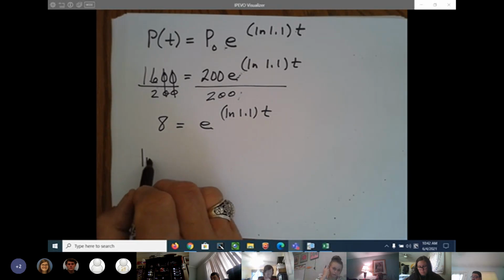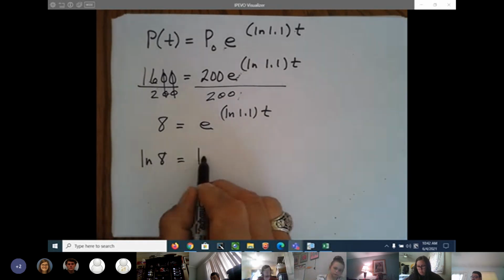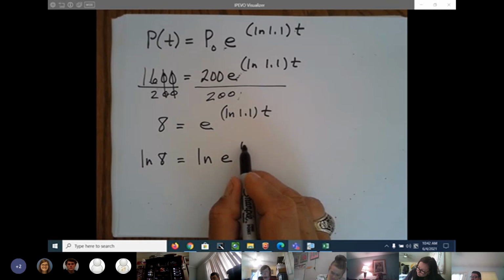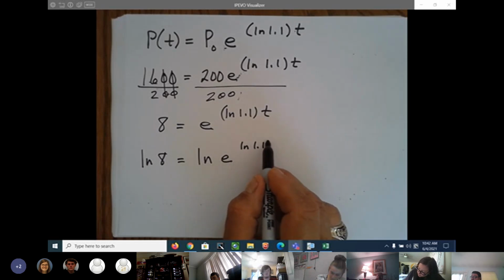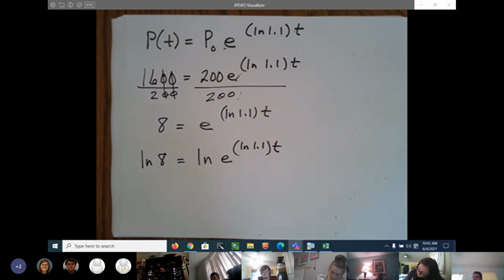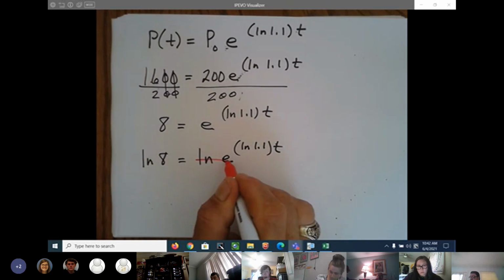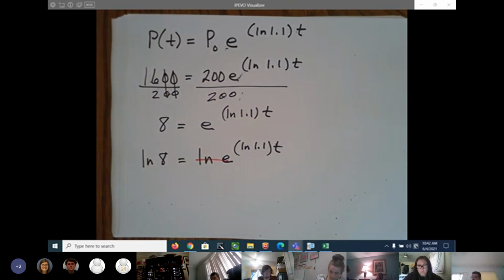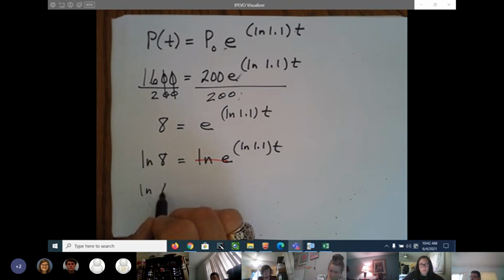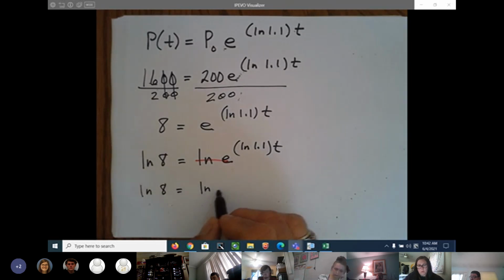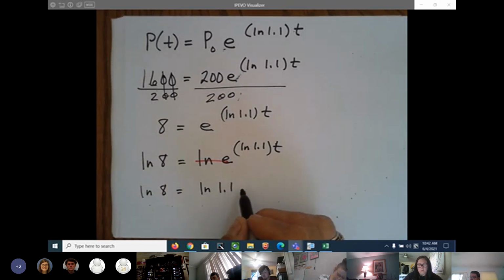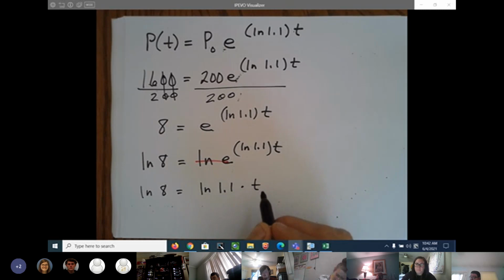So natural log of 8 is equal to the natural log of e to the natural log of 1.1 times t. And natural log of e cancels. And you've got natural log of 8 is equal to the natural log of 1.1 times t.